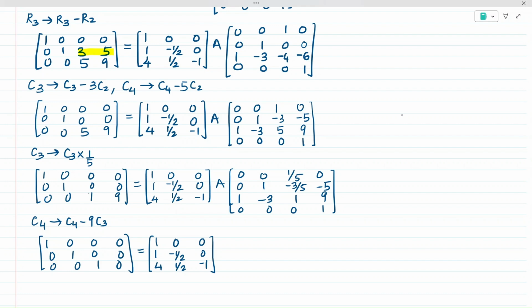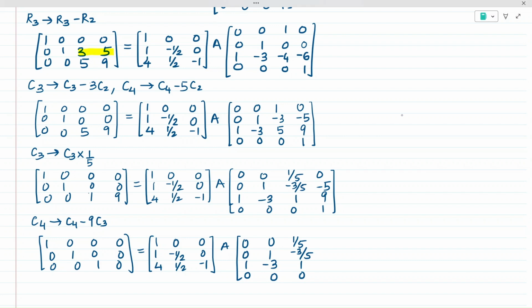Then we'll have A as it is, 0 as it is, first column as it is. The changes are in the fourth column. So the first three columns remain the same.